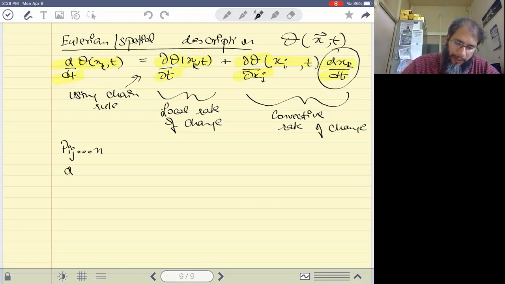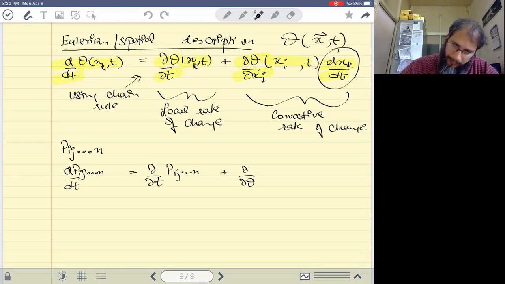So what we say is that the material derivative in the Eulerian form... Okay, I'm sorry, I made a mistake here. So this was xk, and this is dxi.